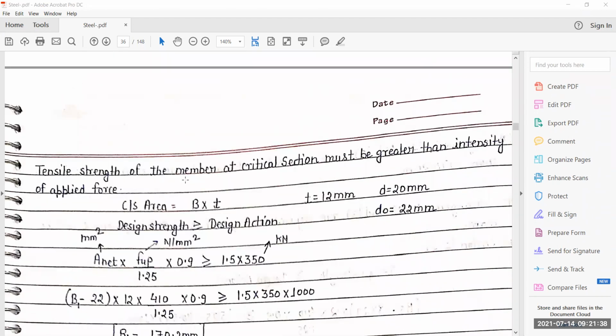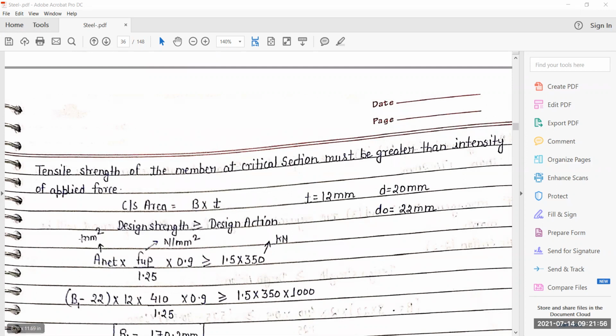Okay, then the tensile strength of the member at the critical section must be greater than the intensity of the applied load. The cross-section area equals B into T. Okay, T equals 12 mm, D equals 20 mm, D not equals 22 mm. Design strength must be greater than or equal to design action.